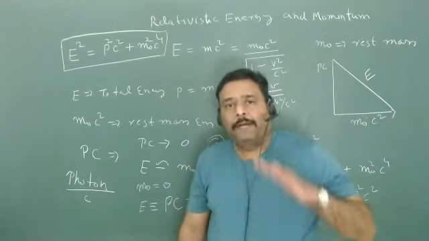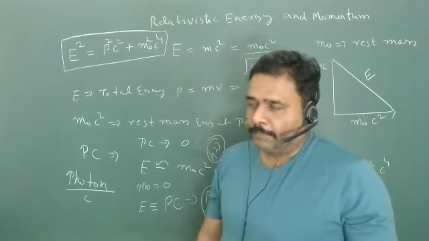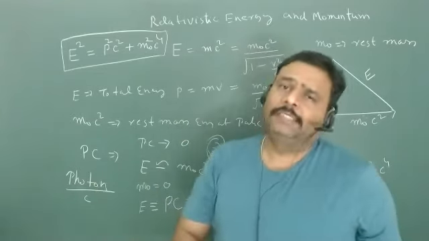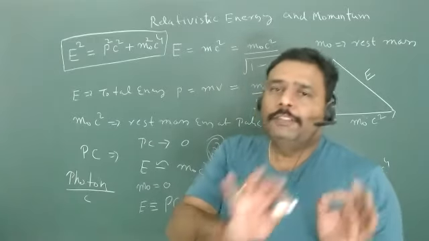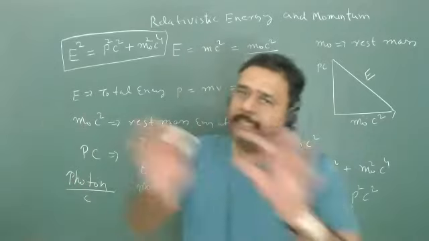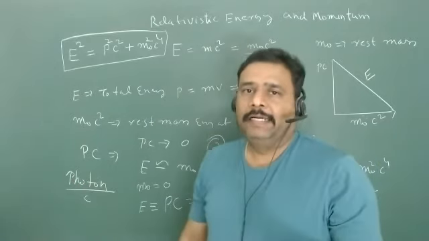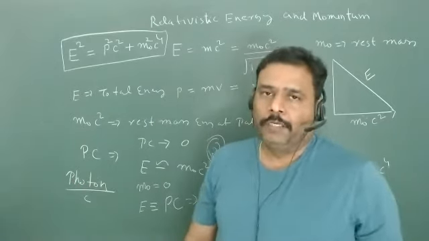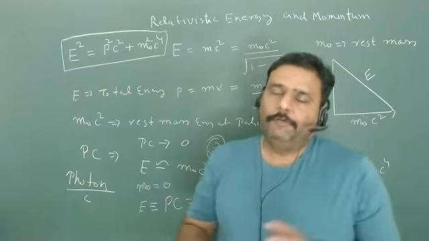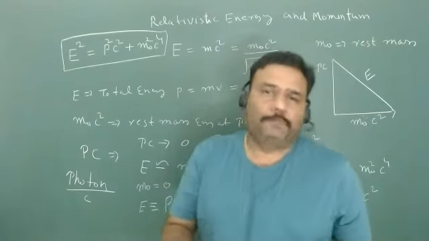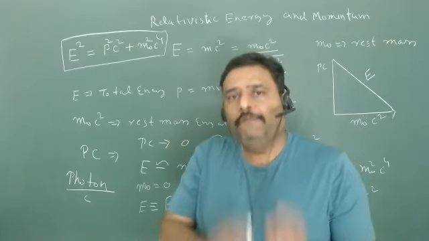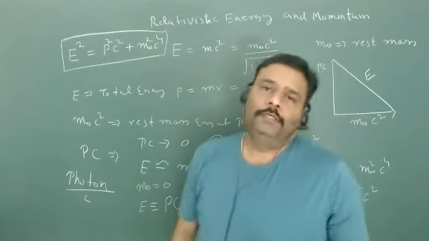That means if a particle is massless, it will move with the speed of light. Vice versa, anything which is moving with the speed of light can be identified as a massless particle. So whenever you get a problem where you have a massless particle, you will always assume that it is moving with the speed of light.